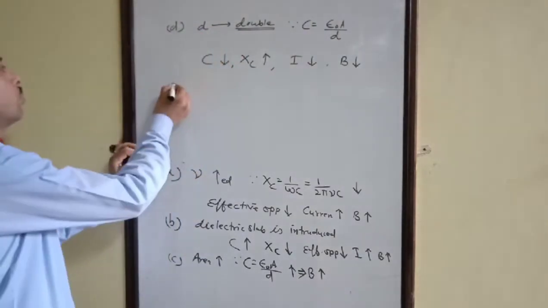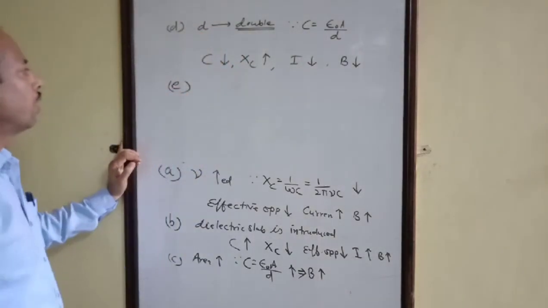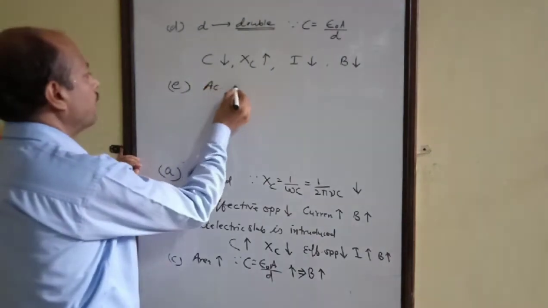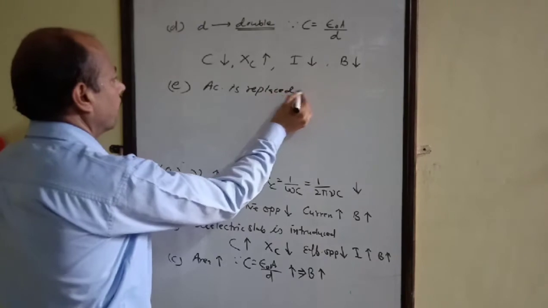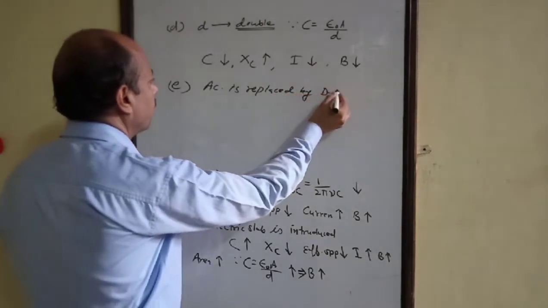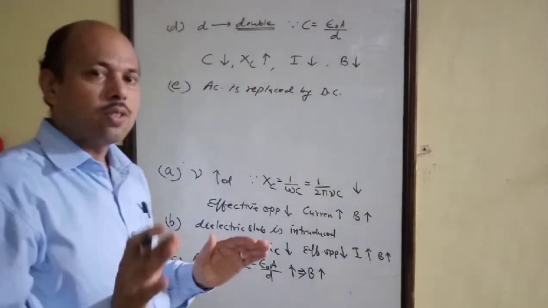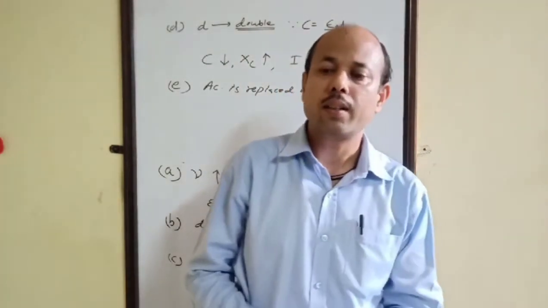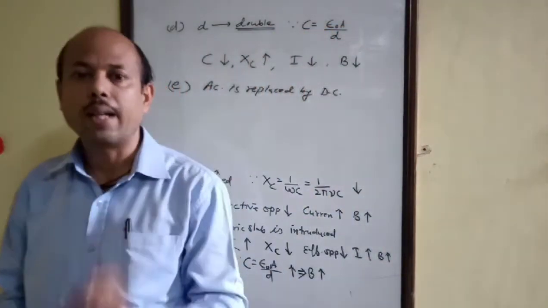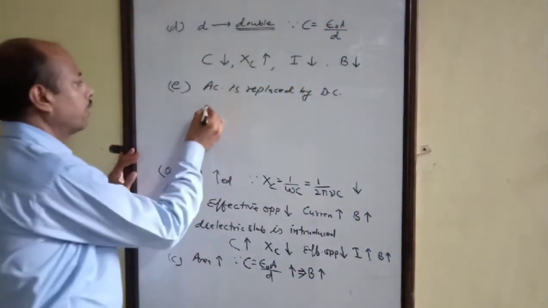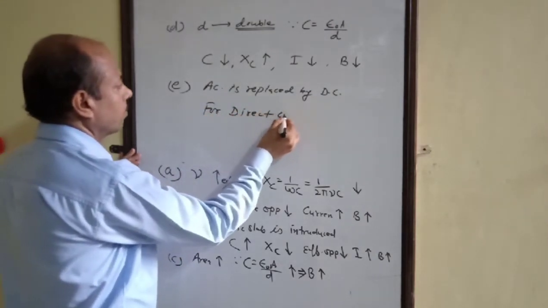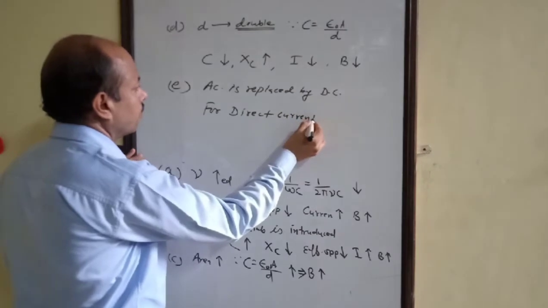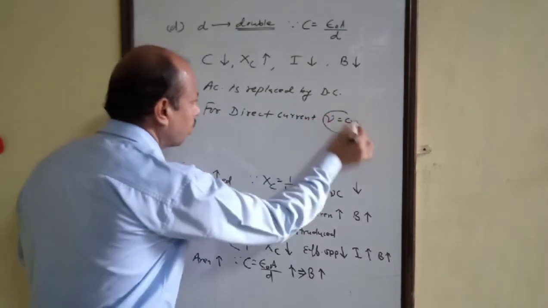Now we can also use this equation. AC is replaced by DC. It means instead of alternating current, we have used direct current. We know that for direct current, frequency is 0.